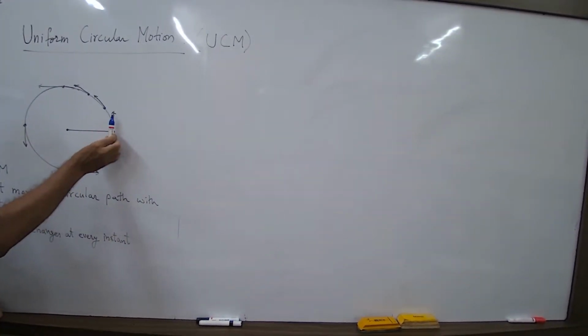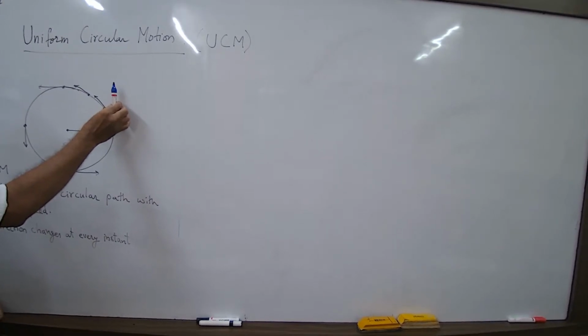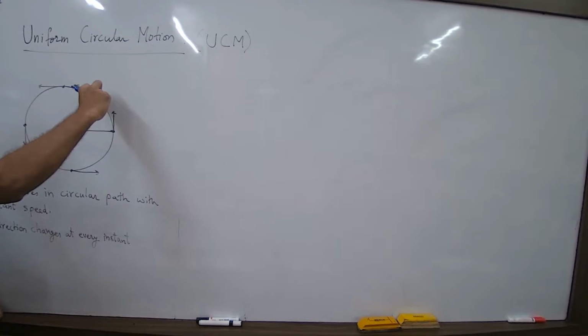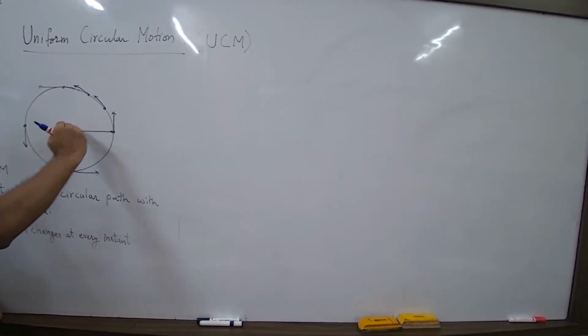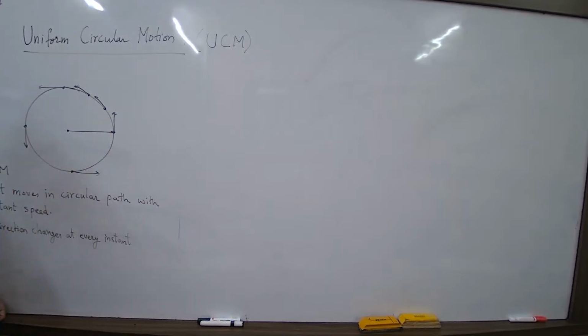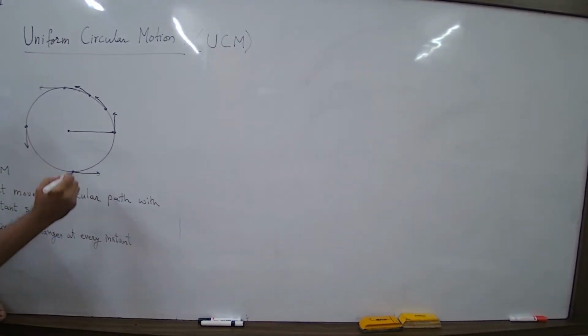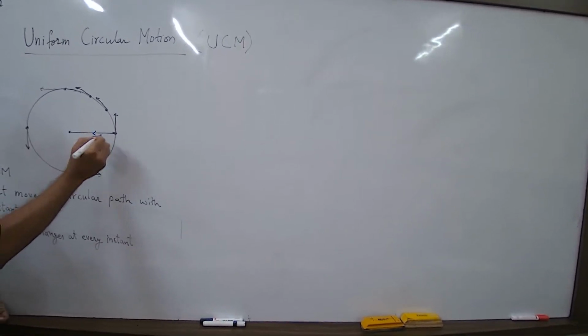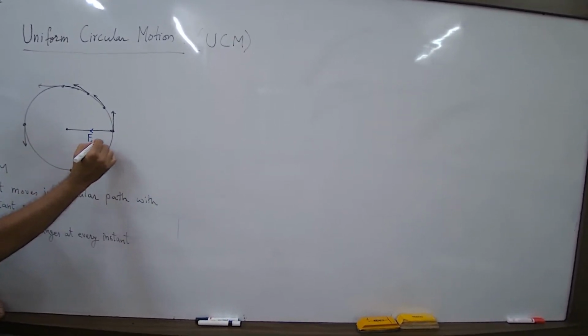So if this guy is moving in this direction, and now you are saying that its direction is changing. See, if you bring it over here, it is tilted. That means its direction is changed towards left. Okay? So which means at all the points, a force is acting towards the center.